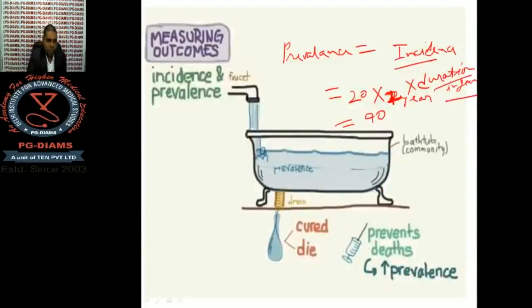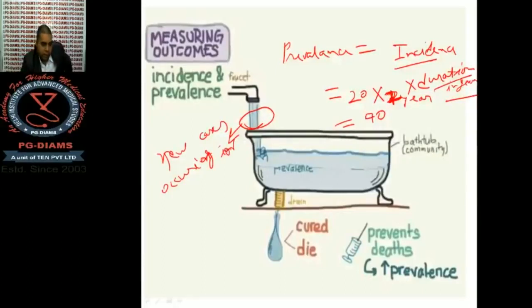Let us understand this concept of incidence with the help of this animation diagram. Incidence is new cases entering or occurring in a community. And prevalence is the amount that remains in the community all the time.